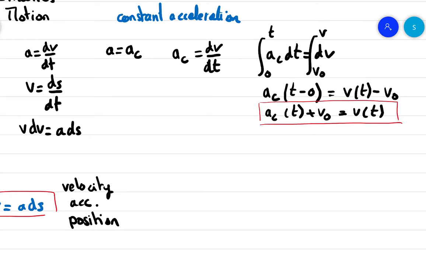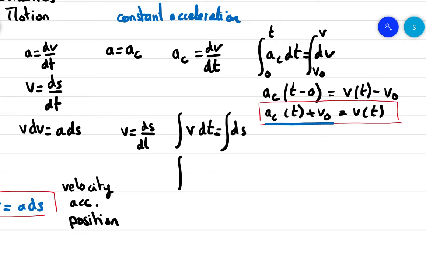Now let's use the second formula, v equals ds/dt. So we have v equals ds divided by dt. So we can write that v times dt equals ds. And we can take the integral of both sides, exactly like we did. But now we will use the formula for v, the general formula that we found for constant acceleration.